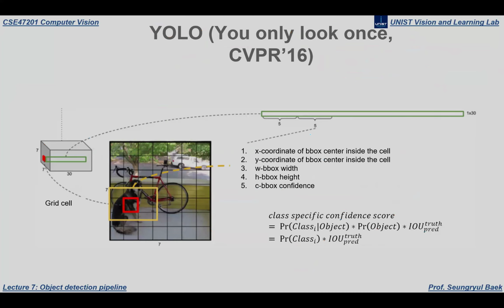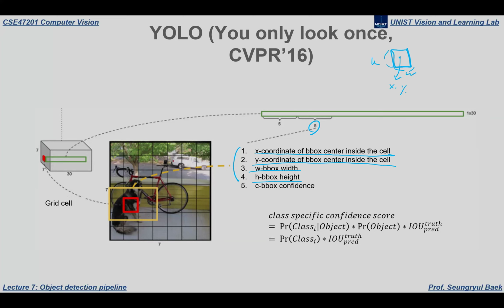And I will explain why one bounding box has to have a 5-dimensional vector. Similarly to previously, when describing one bounding box, we need x and y, their center positions, and also width and height.